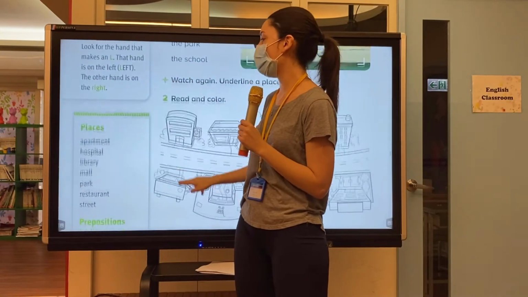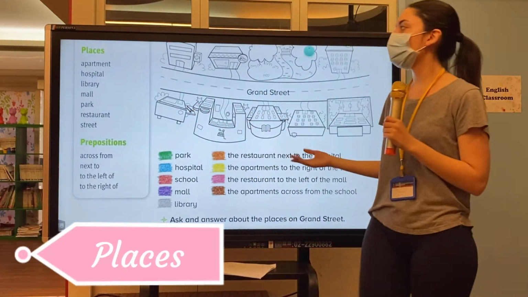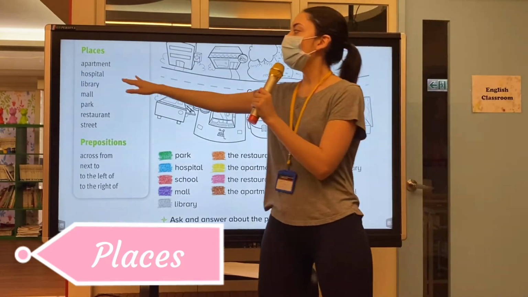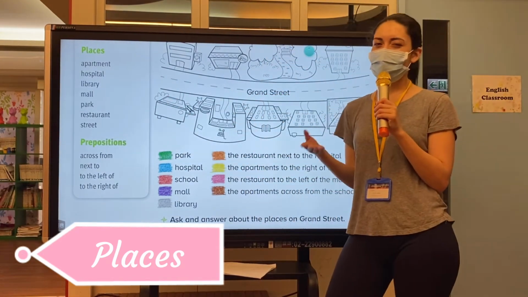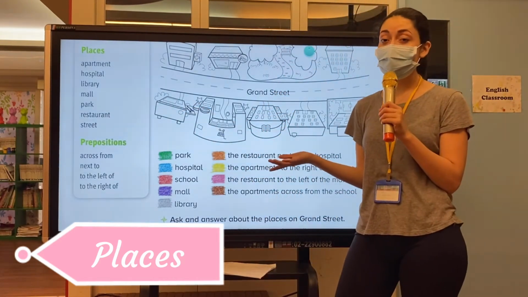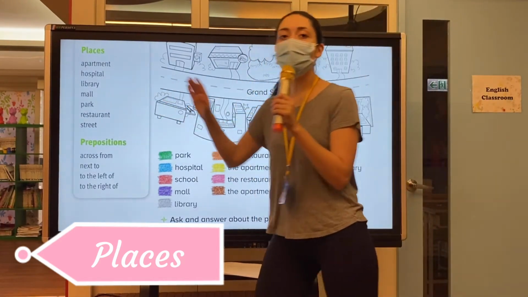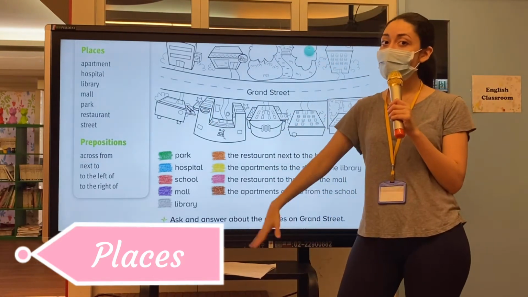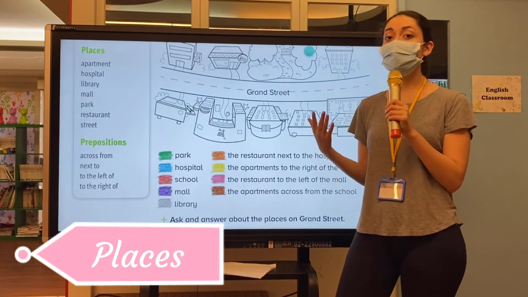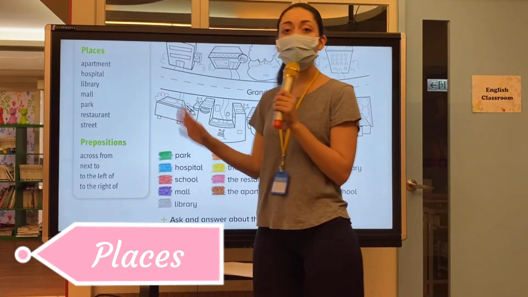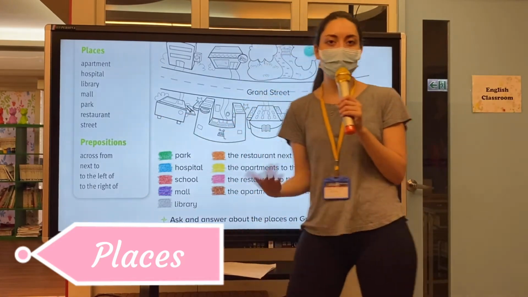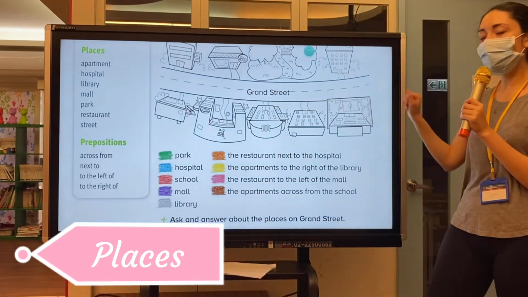So here we have a few places, such as apartment, hospital, where you go when you get sick, the library, when you want to read a book, the mall, when you want to buy a new dress, the park, when you want to play with your friends, the restaurant to eat some food, the street, like this, right?